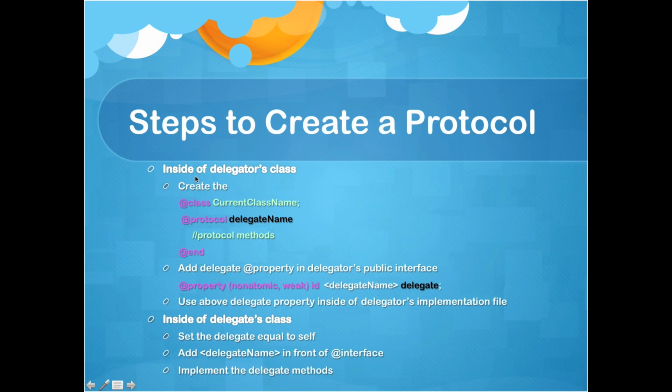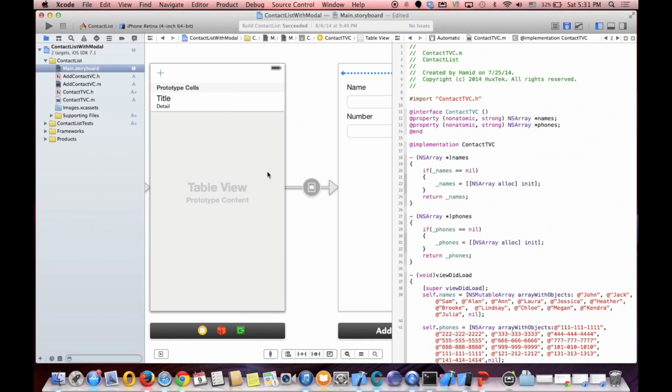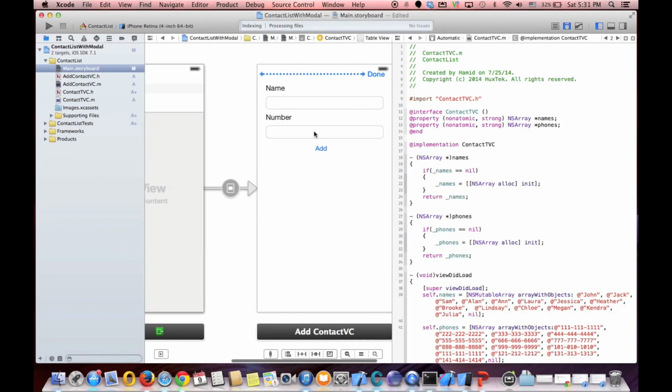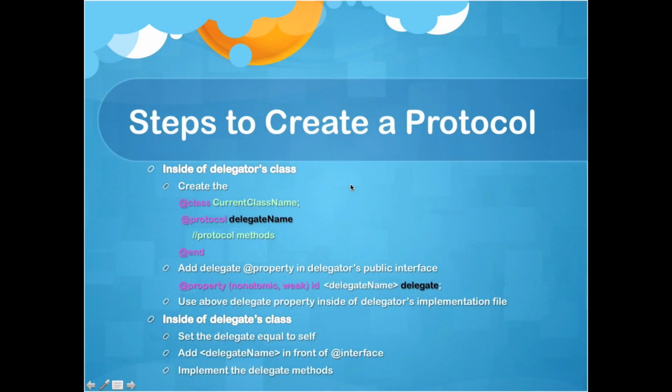Here are the steps for the delegator's class. What is the delegator's class? Again, this is the class, and here it's the Add Contact VC. So let's see what we need to do.